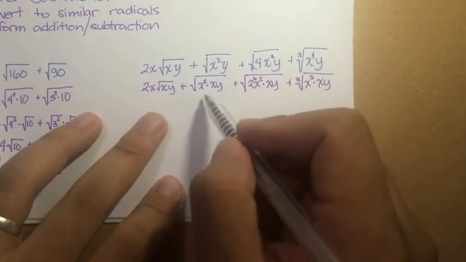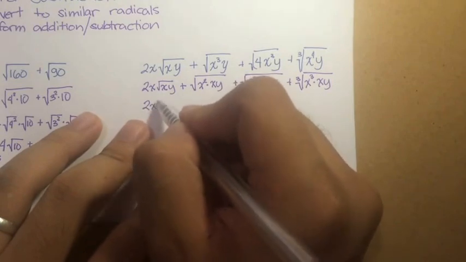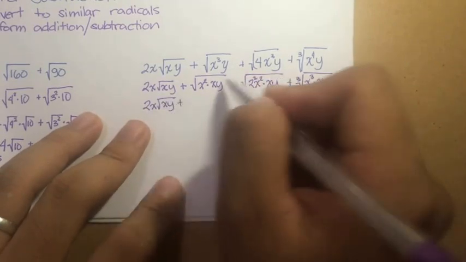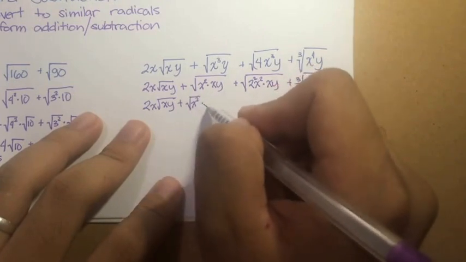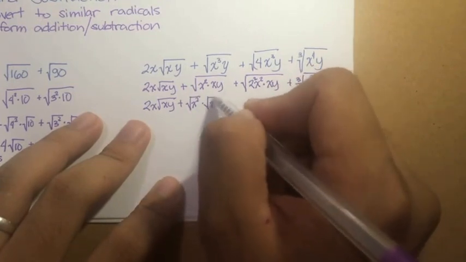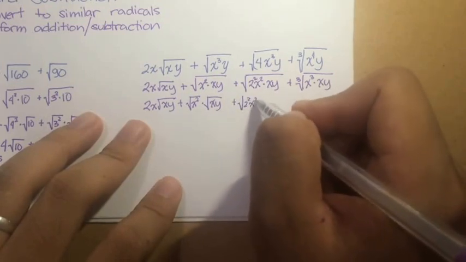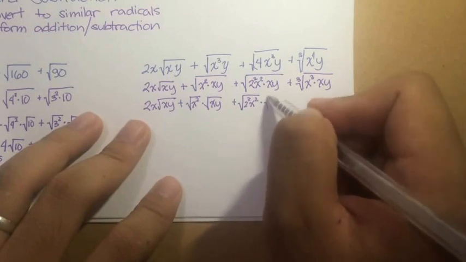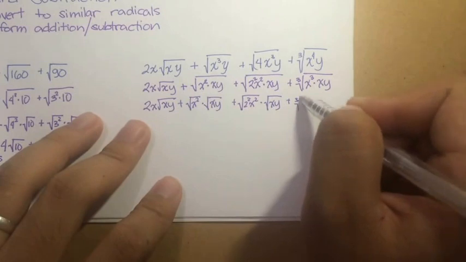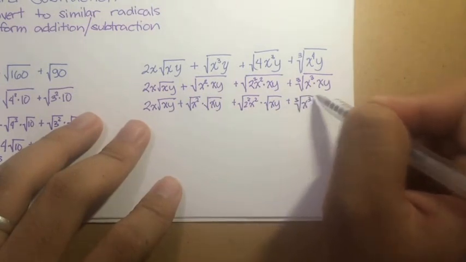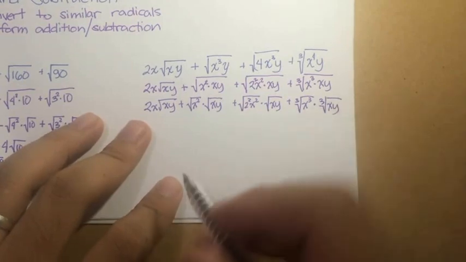Let me rewrite this: 2x square root of xy plus square root of x squared times square root of xy plus square root of 2 squared x squared times the square root of xy plus cube root of x cubed times the cube root of xy.